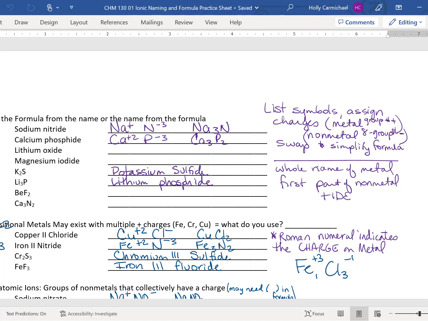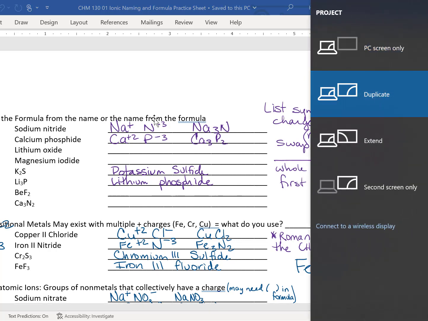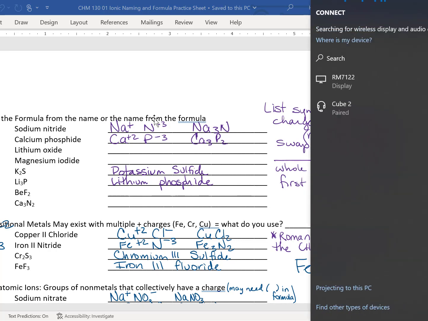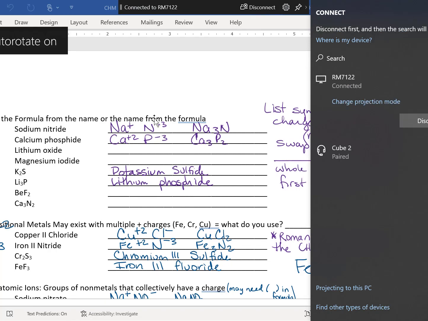Okay, I have saved this, and it's actually posted in Moodle, so it says like ionic and covalent naming practice sheet. So I have this for you to be able to use. So you tell me the first one.